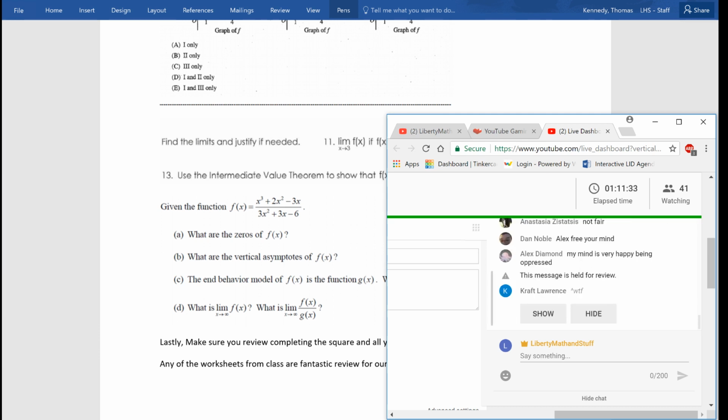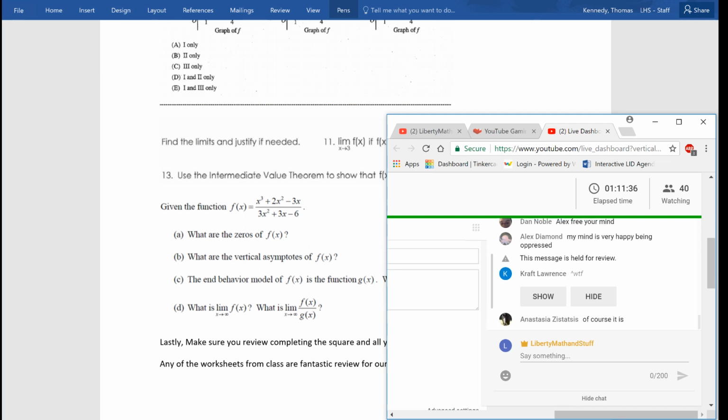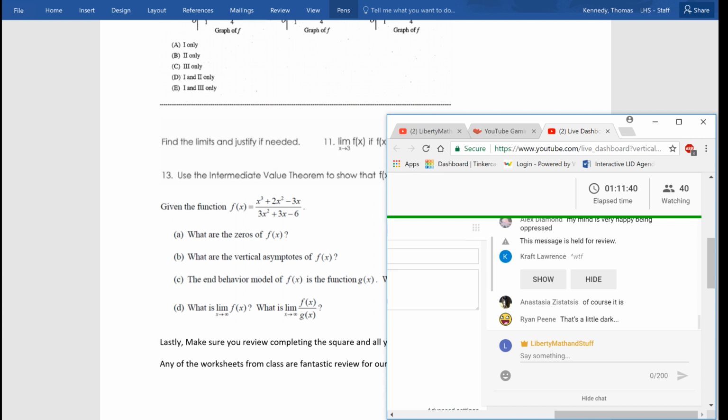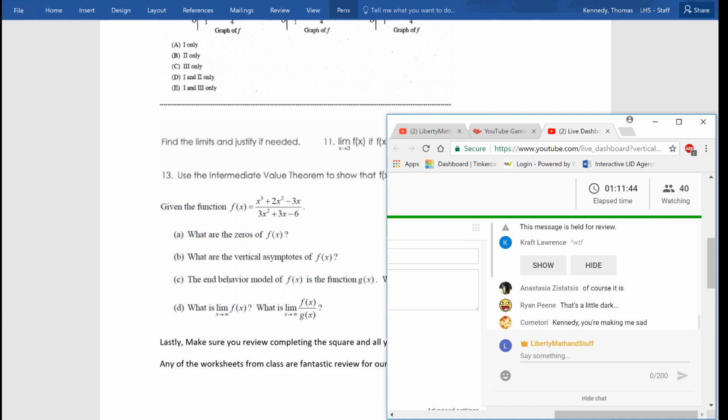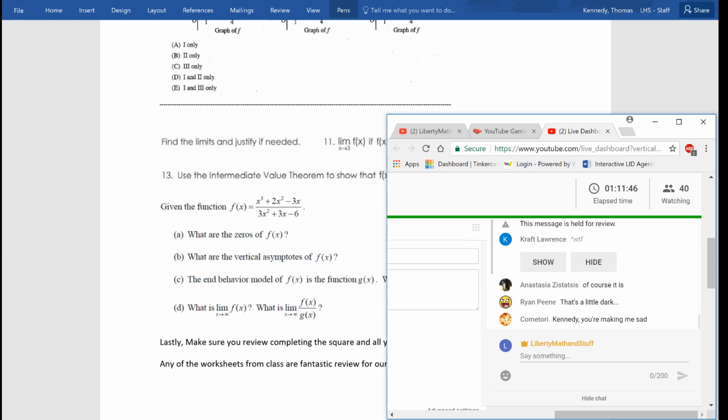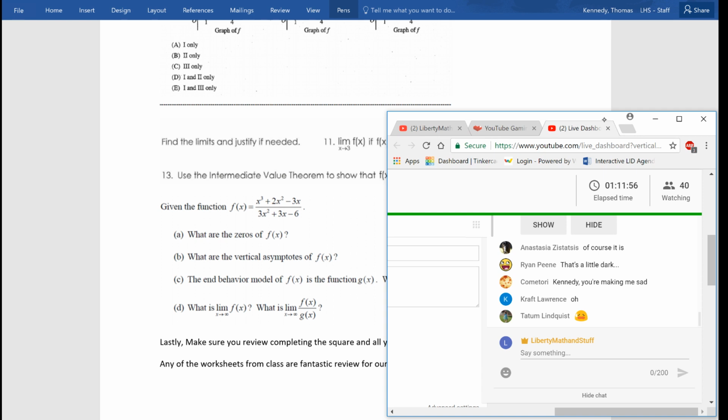Oh, that's hilarious. Kennedy, you're making me sad. Well, I'm sorry, I guess. I can't say that people who have taken my class get a lot better at mental math.